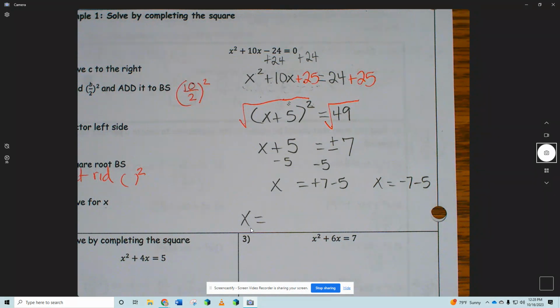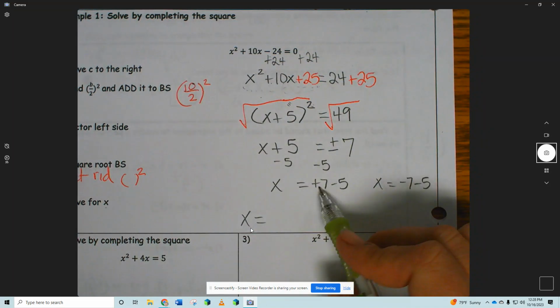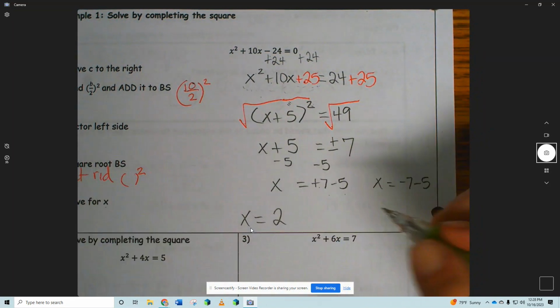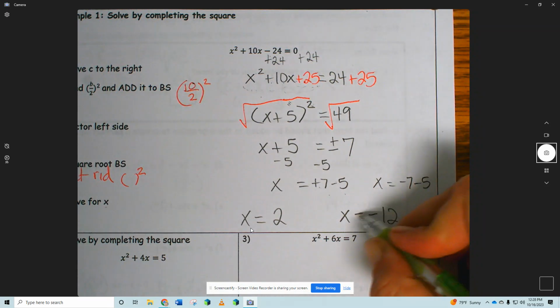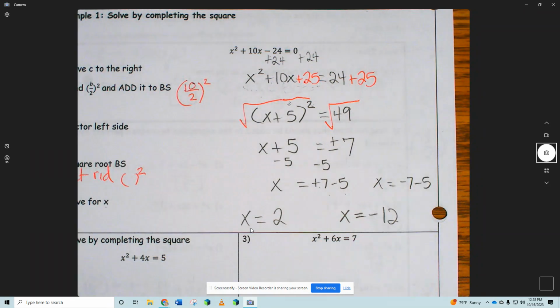So 7 minus 5, and then negative 7 minus 5. I'm going to get 2 answers. 7 minus 5 means x equals 2. Negative 7 minus 5 is negative 12. Those are my 2 answers.